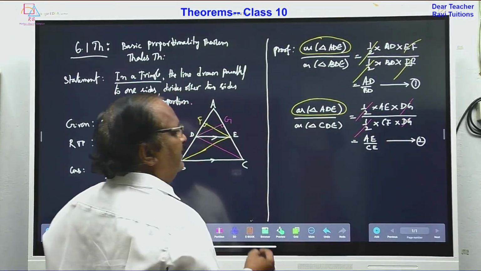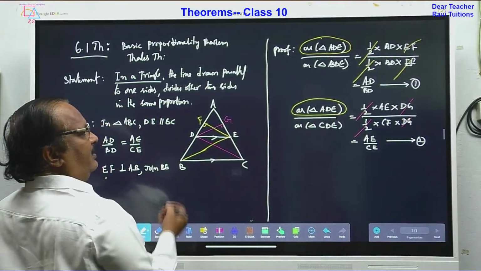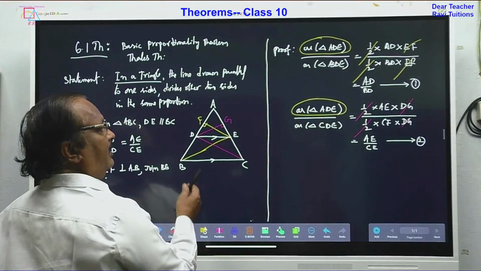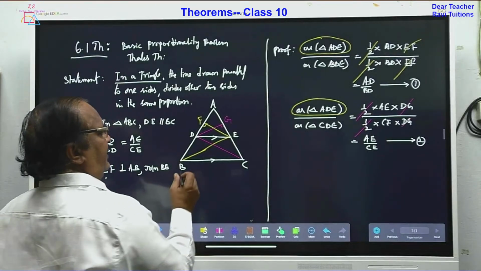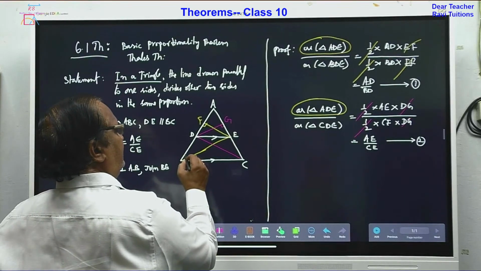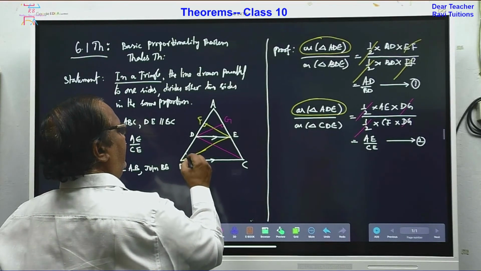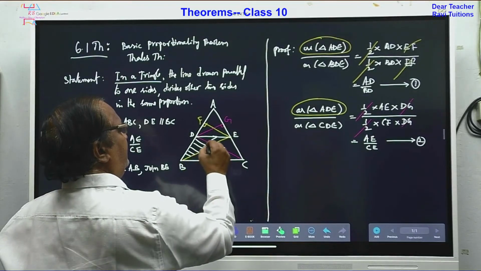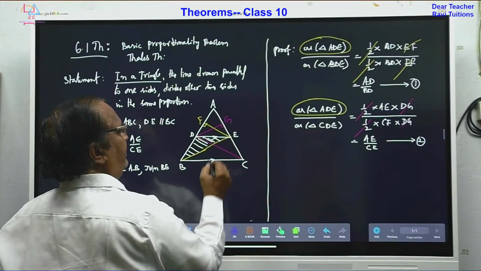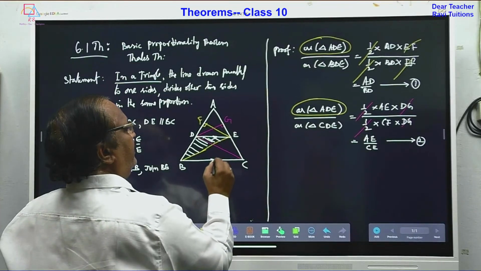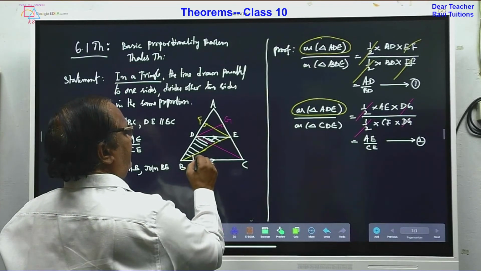So now let us come to the diagram, and from the diagram you understand. So that means this is the area of BDE, okay, and CDE area is this one.